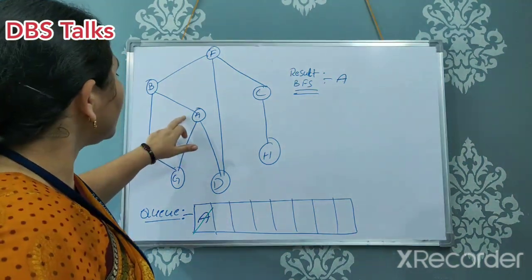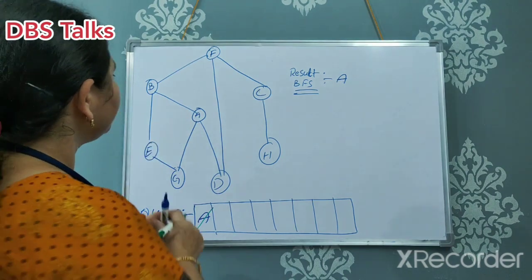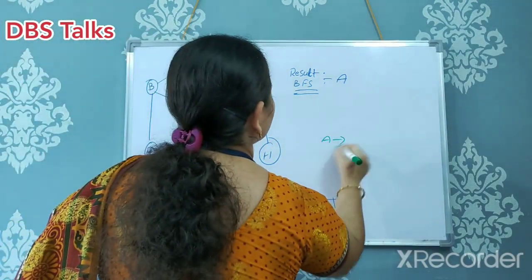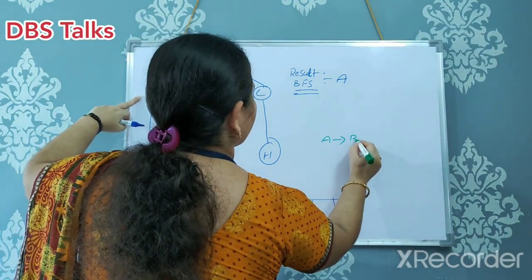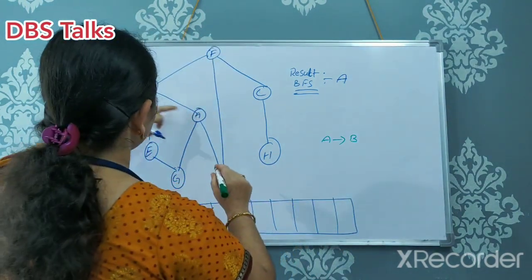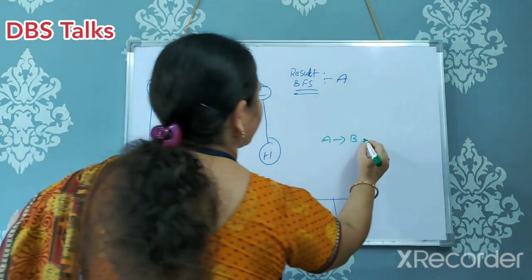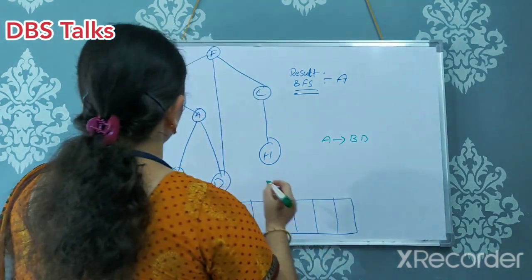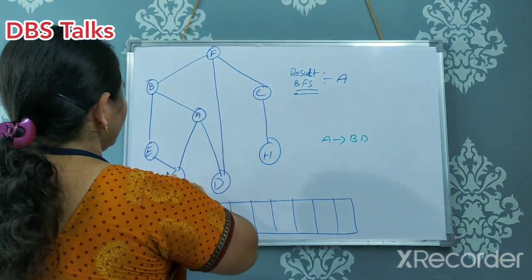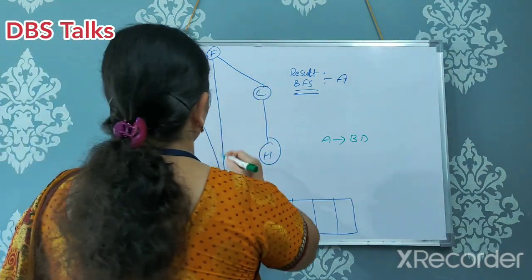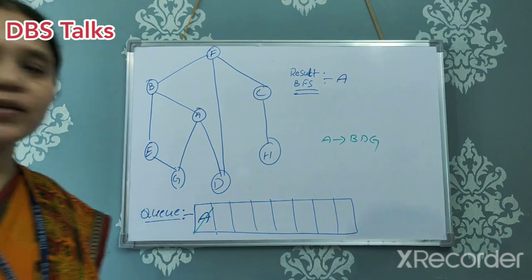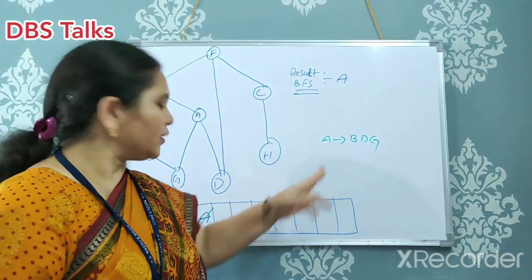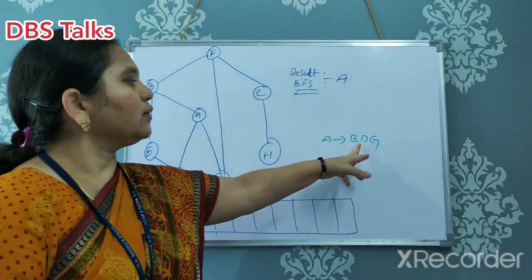What are the closely connected vertices of A? B, D, G. These three are the closest edges of node A. They are not visited.